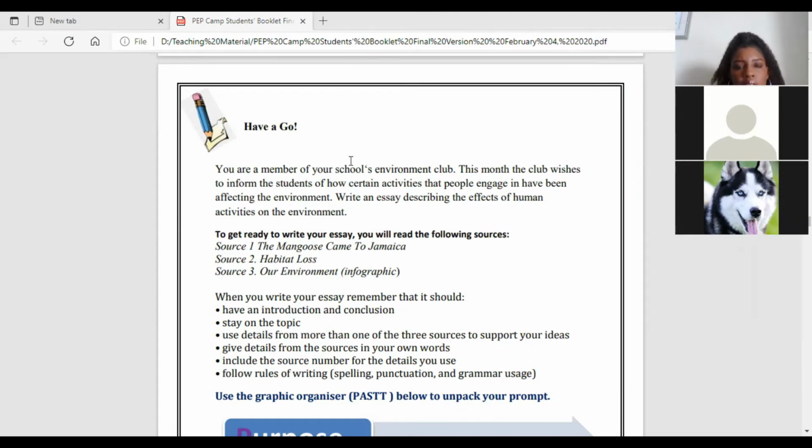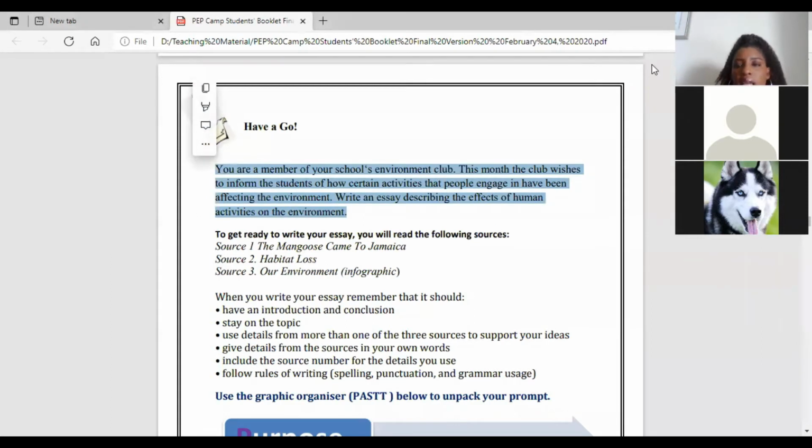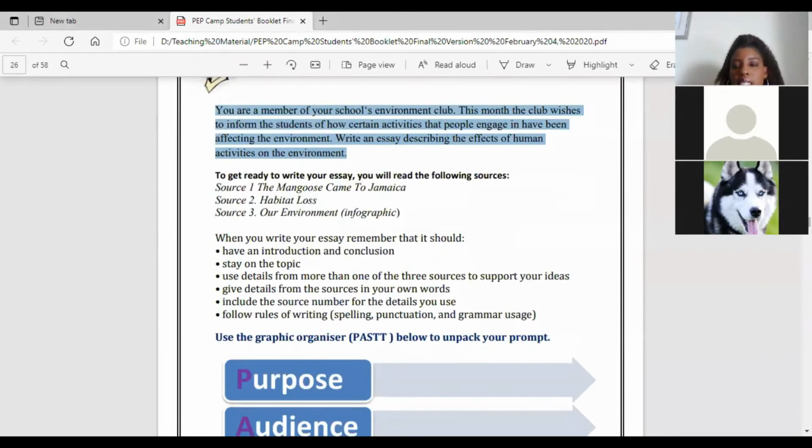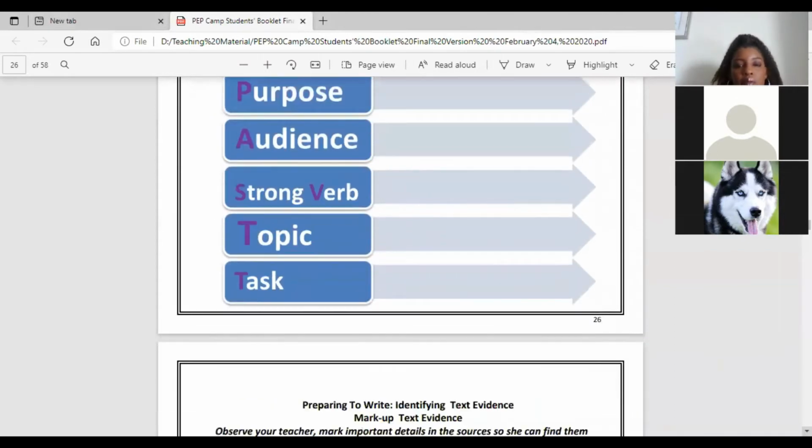All right, so here's the writing prompt, this portion that I'm highlighting. I'm not going to highlight in one color as is right now because I'm going to be unpacking the different parts of the prompt using the PASTT graphic organizer.